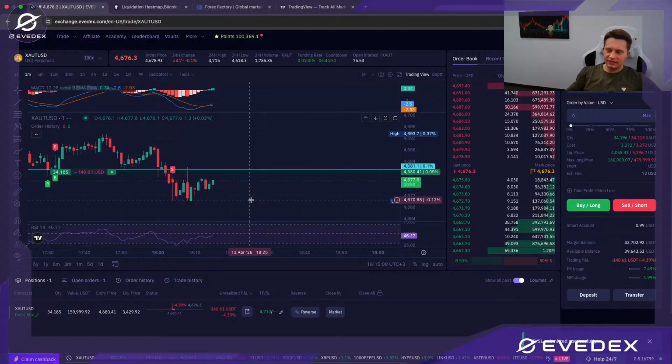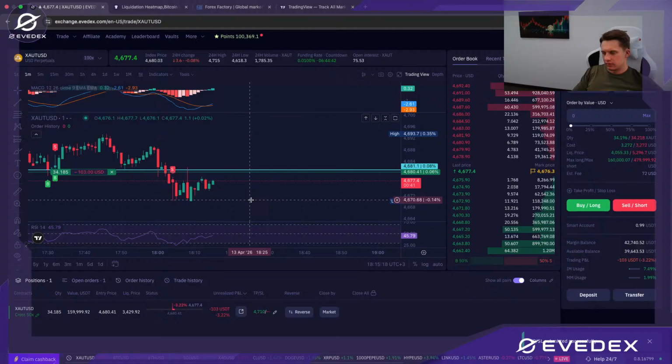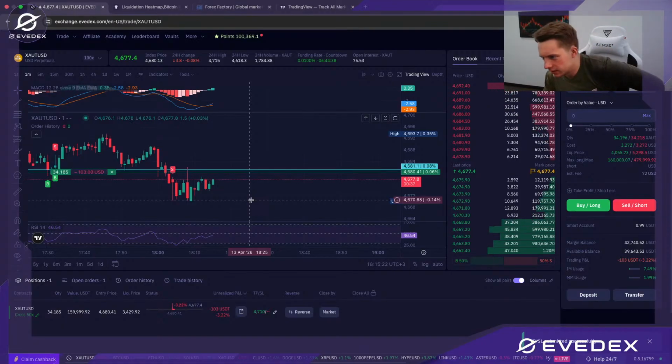We realistically need some more strength from the buyers' side, because at the minute we're not getting anything at all. We're getting quite a lot of weakness.